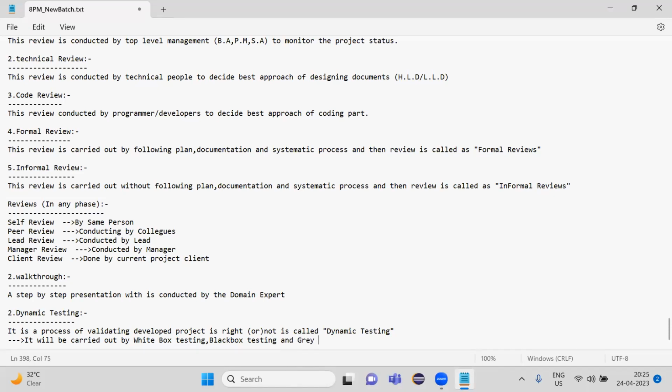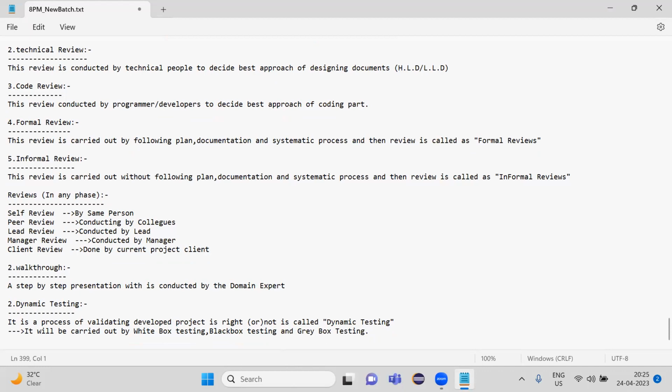How many types is it divided into? Three types. What are those? White box, black box, and gray box. Coming to the white box, it is divided into how many types? Two types: one is unit level testing, and the second one is integration level testing. Coming to the black box, how many types is it divided into? It is divided into two types.